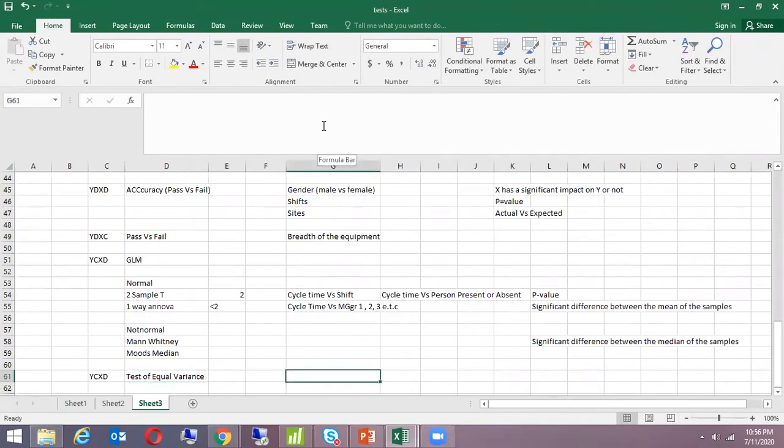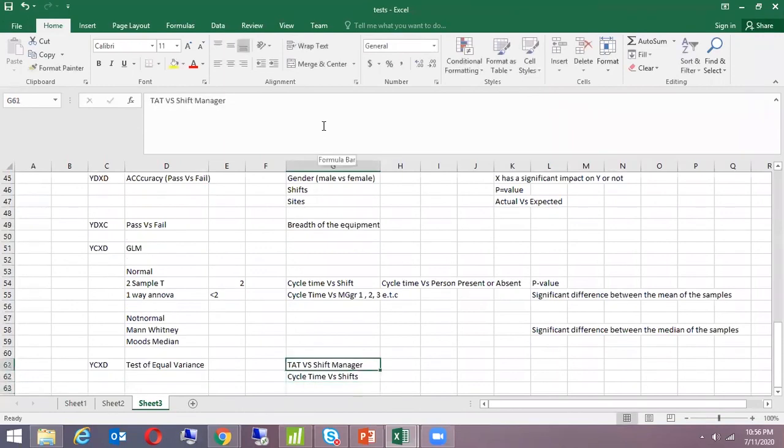So wherein turnaround time versus shift manager, cycle time versus shifts, etc. And here I am checking the significant difference between the variance of the samples. Is it clear of what we have done today?